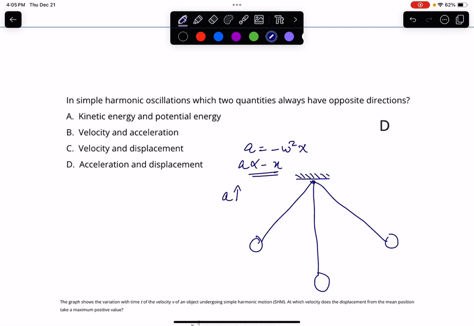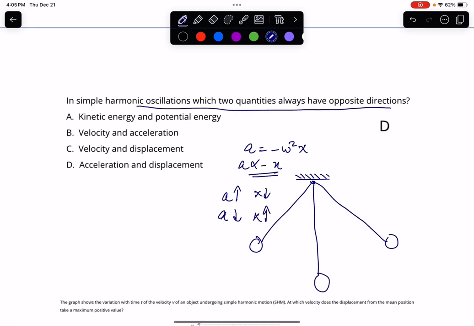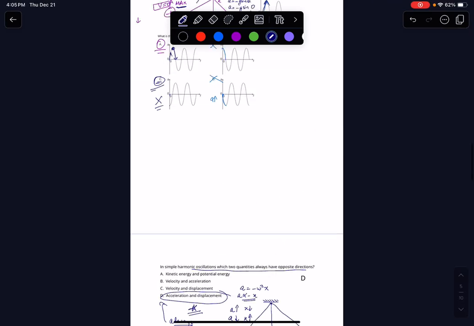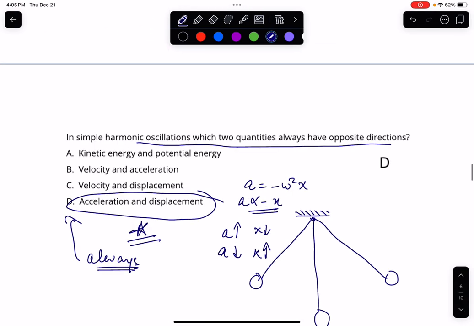So if acceleration is high, the displacement is low, and if the acceleration is low, then the displacement is high. So that's why if you look at quantities which always have opposite directions, there must be acceleration and displacement, okay? These two quantities must always have opposite directions, right? So if you see, then that is question 7 right there.